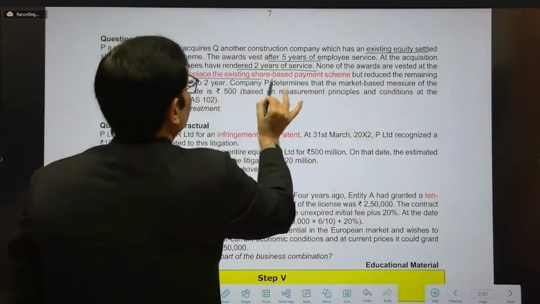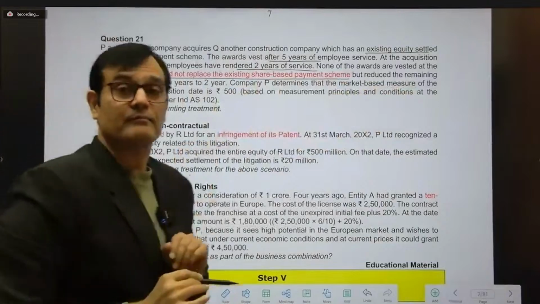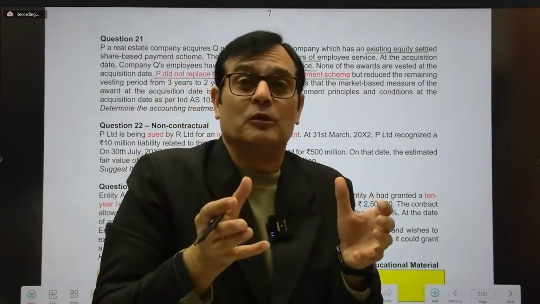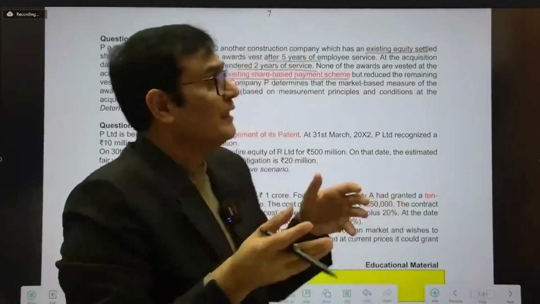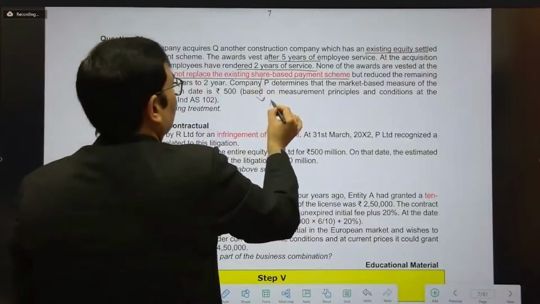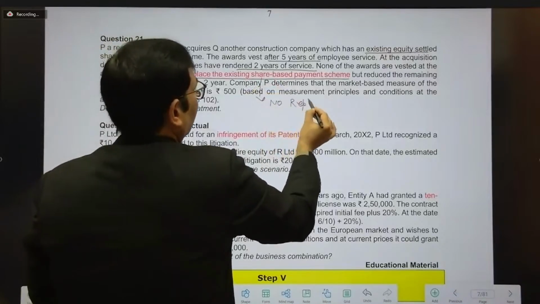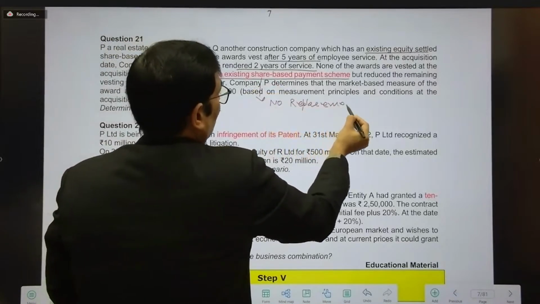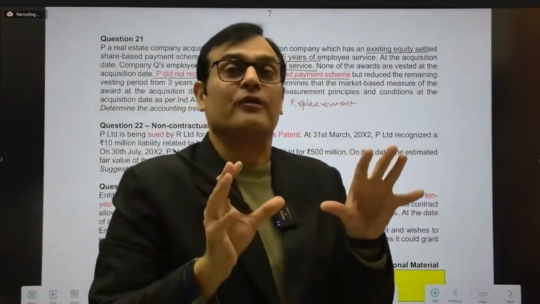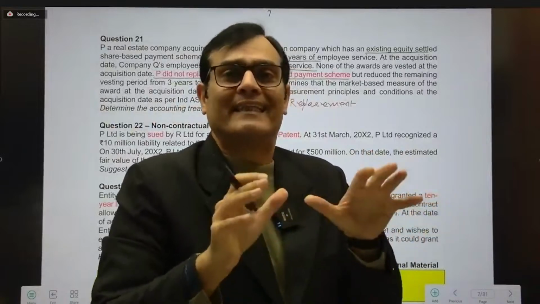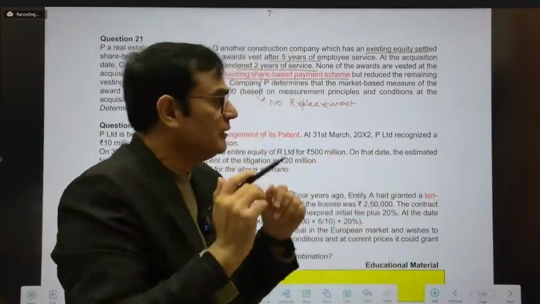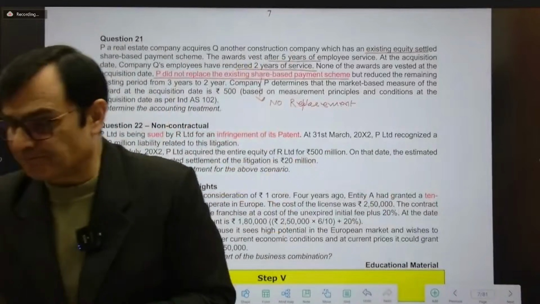P did not replace the existing share-based payment. I've already highlighted the word which is going to tell you which particular case it is. So when it clearly says P did not replace, it is a clear-cut case that there is going to be no replacement in this case. If it is a case of no replacement, you're still going to apply a 3-step model: step number 1, the fair value of the original award, then step number 2, the pre-portion NCI, step number 3, the post-portion Ind AS 102.